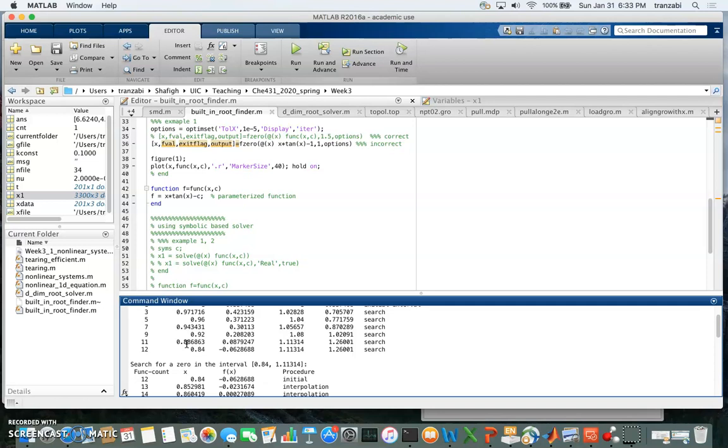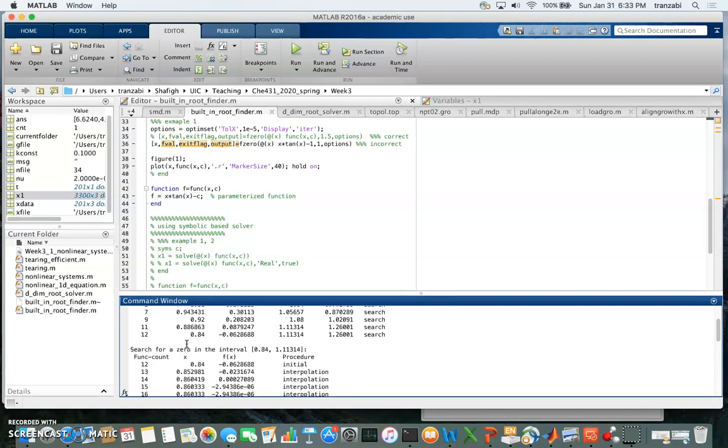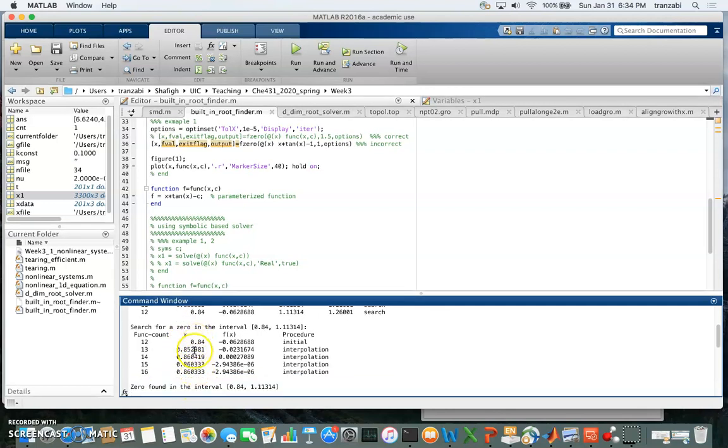If you go back to the theory of bisection, you remember how we can replace a by x or b by x. Anyway, this is x, and you see that it goes up, but at some point x doesn't change anymore, which means that's the solution.